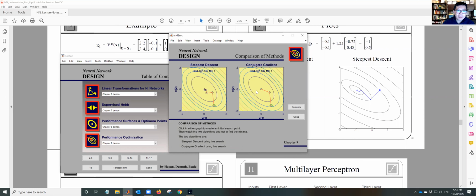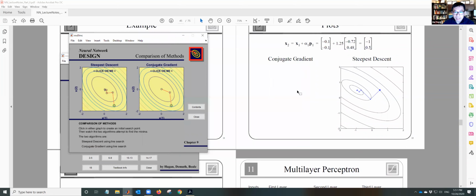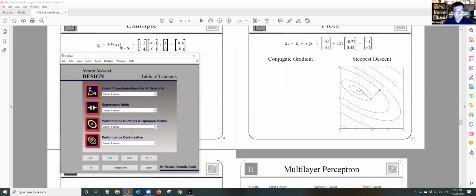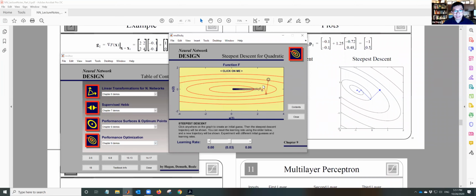Am I making sense? So these two comparisons are what we should show here. This is the line search, minimization along a line. But in the conjugated gradient algorithm, we also minimize along a line. Of course, when you do the minimization, you can use the steep descent like this.